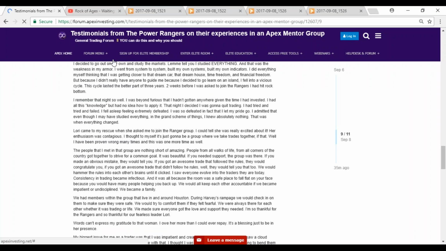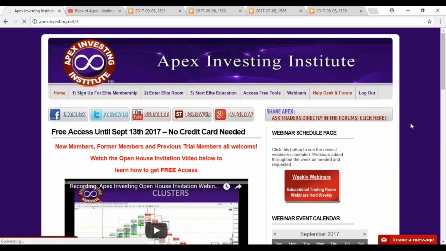We're going to be starting off with 8 to 10 rooms, and 8 or 10 people in each. Lori will be in the room overseeing those rooms. Each room will have a couple of the power play leaders in there as well, so that you've got support from multiple people.